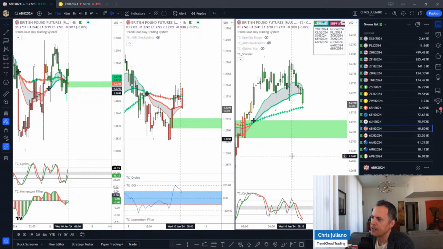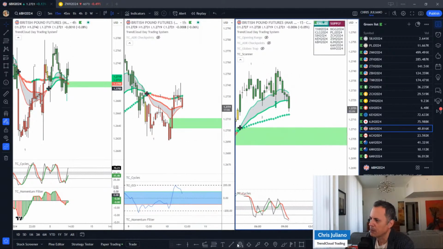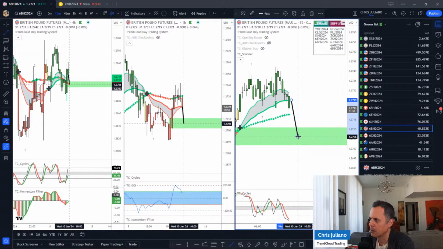What we could do is we could wait. Here's how you plan this out. I'm going to wait for this to hit my zone. It's going to do some kind of a bounce. And what am I going to wait for, guys?